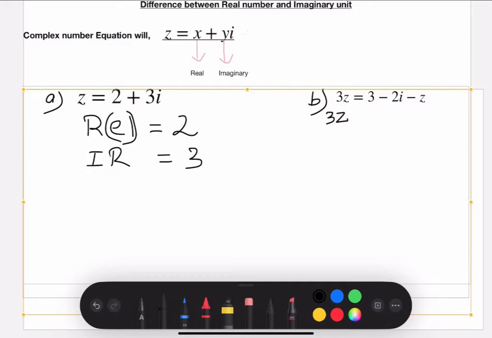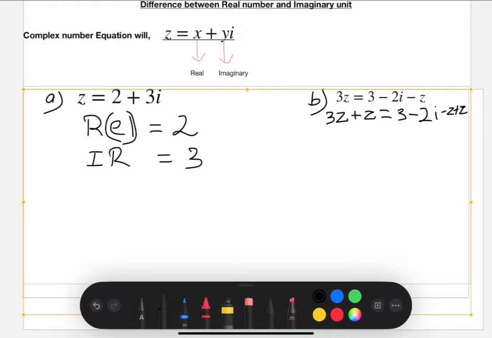So 3z plus z equals 3 minus 2i, and minus z plus z.